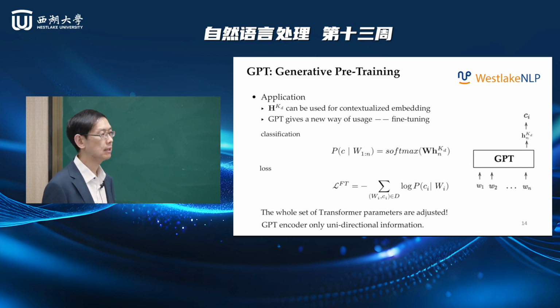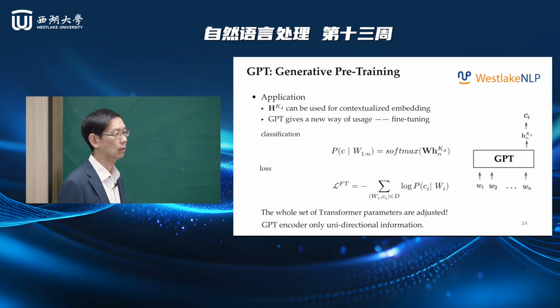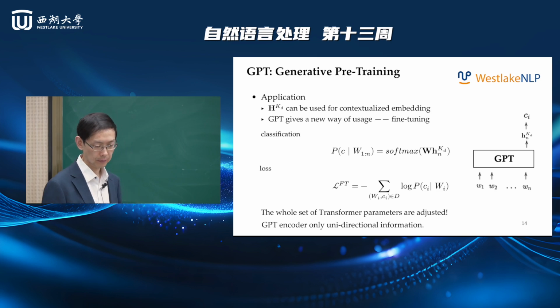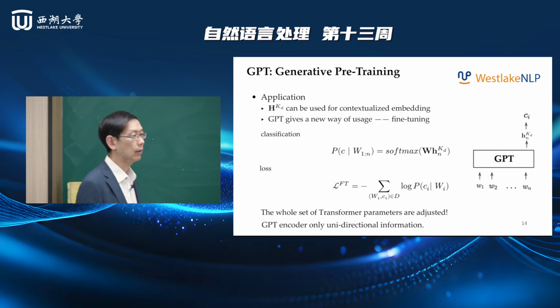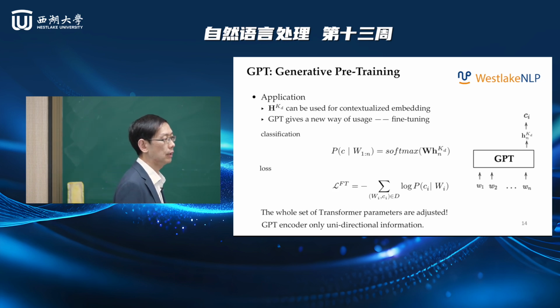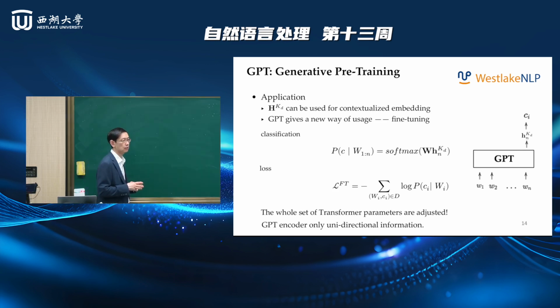The idea is basically to replace the neural encoder we learned in week 8 and week 9 with GPT. Let's take classification for example. When you have a sentence, you do the word embedding, and you feed the sentence into GPT.